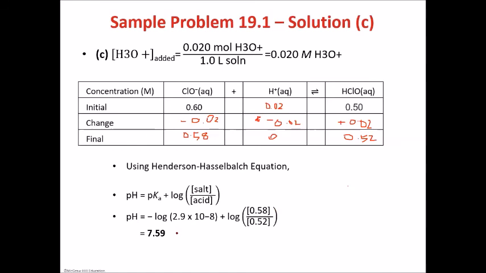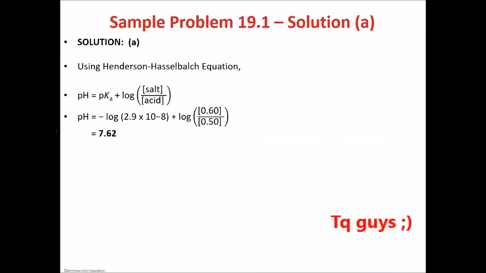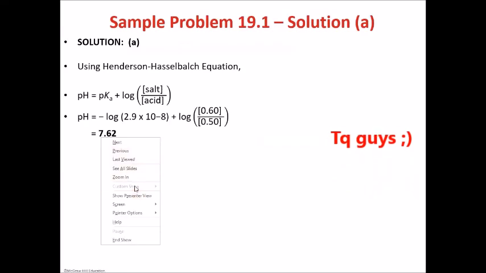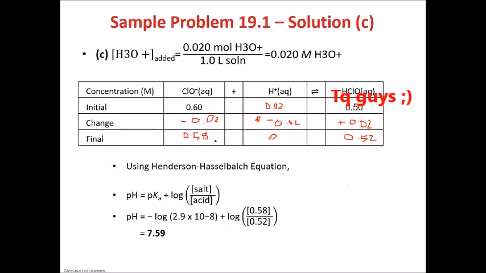From here we see that addition of strong acid decreases the pH slightly. Originally, the buffer solution is 7.62. Now it decreased slightly when acid is added into it, 7.59.